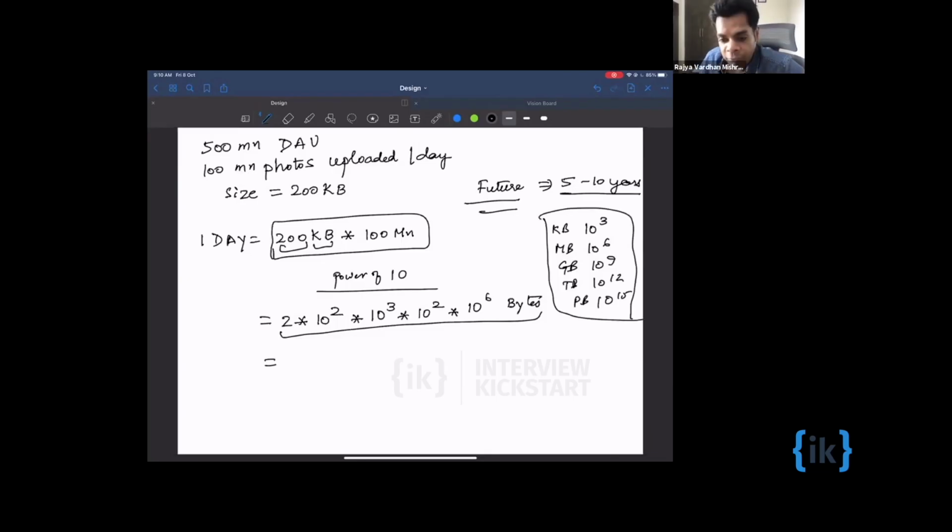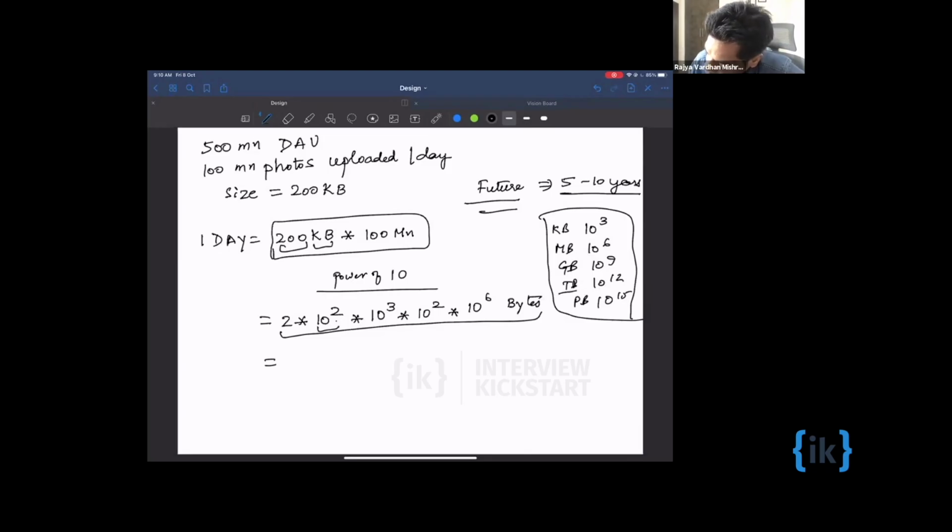So in calculation we have to come to the closest lower 10 to the power. If we count the number of tens here, 2 plus 3 is 5, plus 2 is 7, 7 plus 6 is 13. So 10 to the power 13.